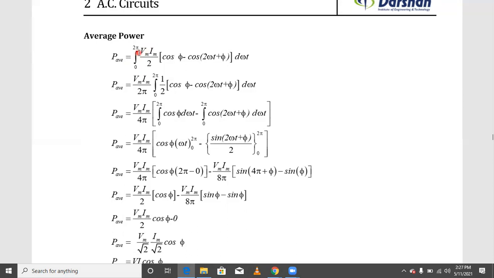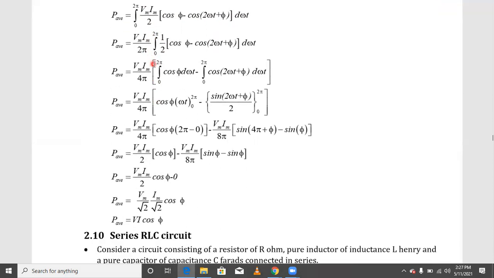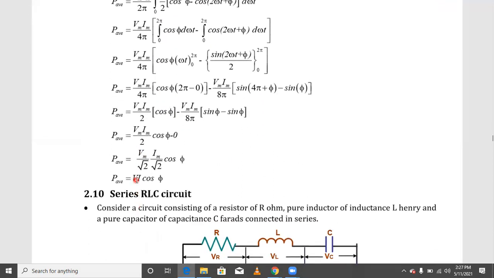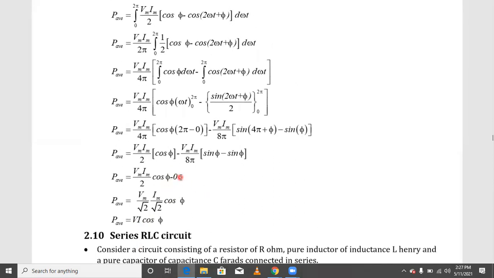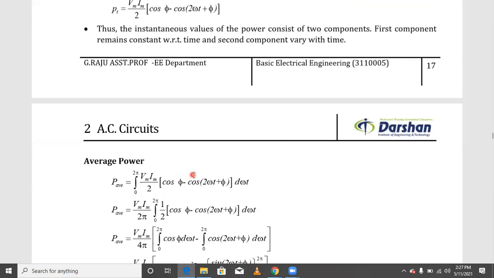Simplify this expression: Vm Im by 2 into [cos φ minus cos(2ωt plus φ)] dωt, with P average equal to 1 by 2π times the integral. Integrating this expression, we finally get P average equal to Vm by root 2 into Im by root 2, that is VRMS into IRMS into cos φ. The average value of power is nothing but VRMS into IRMS into cos φ. This is the total information about the series RC circuit.